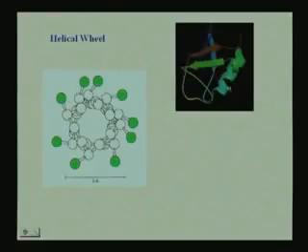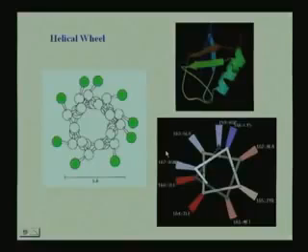So what I should expect is that this set should be one type, and this set should be another type. Why? Because I am looking down the helix now. All the ones that are on one side, inside facing the protein, should be hydrophobic in nature, and all these ones should be hydrophilic in nature. That is exactly what happens.